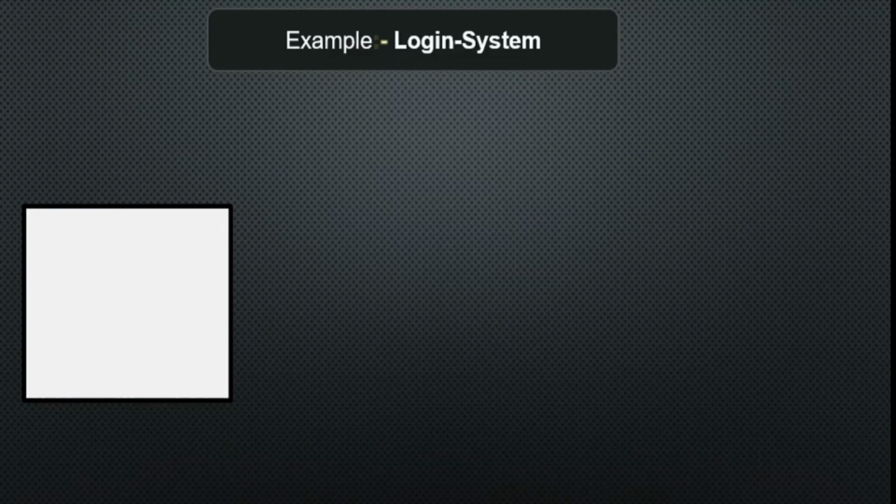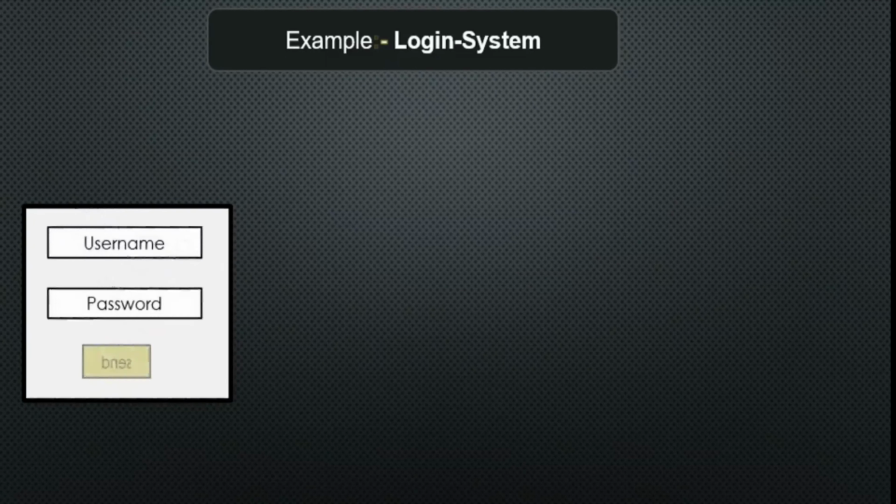Now let's see the example. To develop the user login system, first we will build the front end. In the front end, we have a form with two fields, username and password. After clicking the register button or the send button, it is expected that these values should be sent to the database for storing.